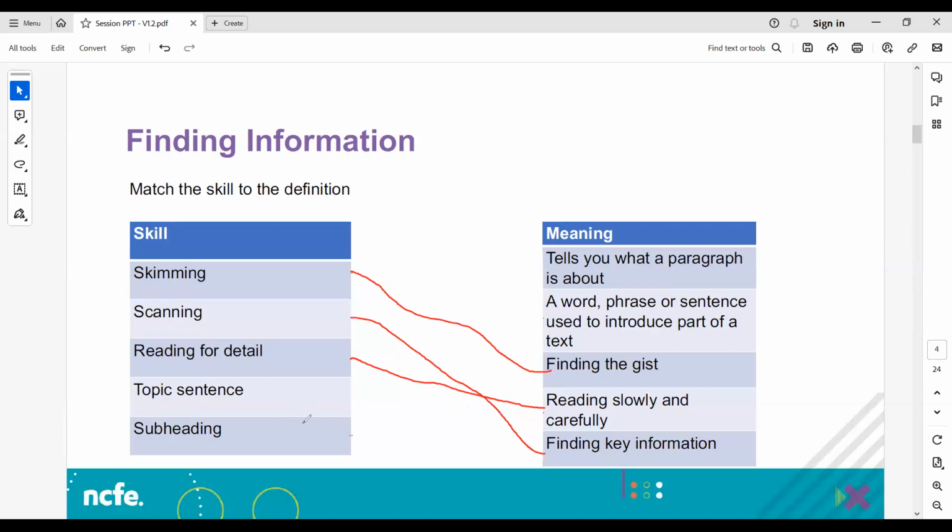Again, these two are very closely related. So the definition you've given there is actually a subheading. It tells you what the paragraph's about. The topic sentence would be the first sentence that tells you what that paragraph is about. So rather than a heading, it's actually in the paragraph, but they're very similar and closely related. Okay, well done.